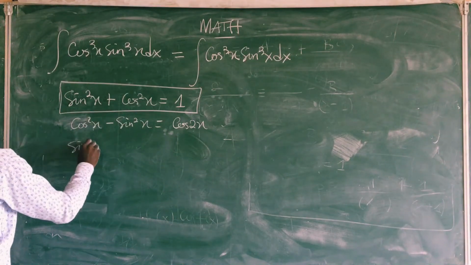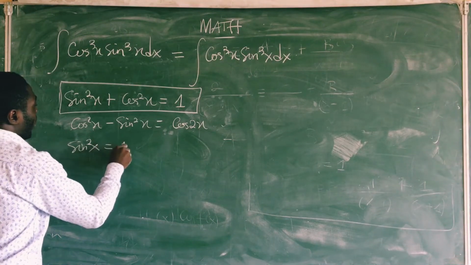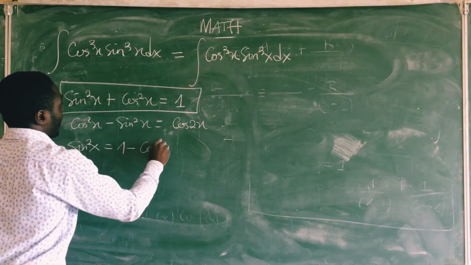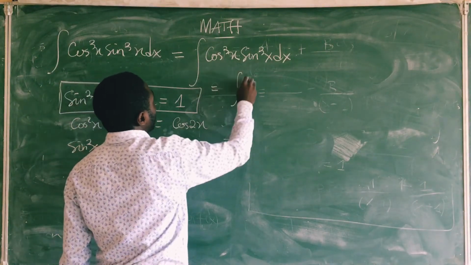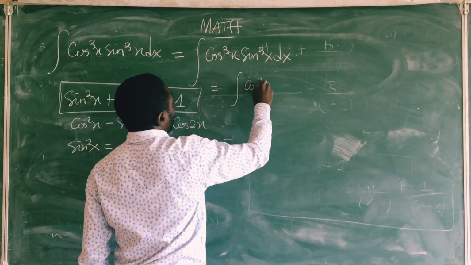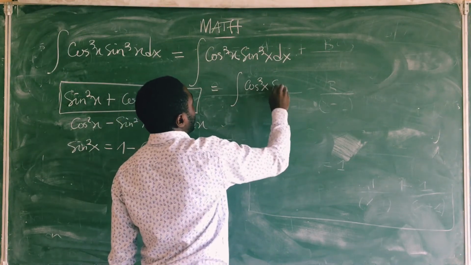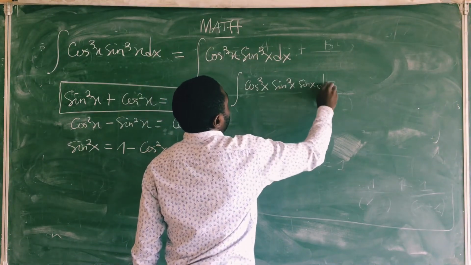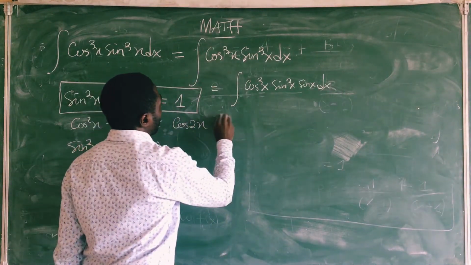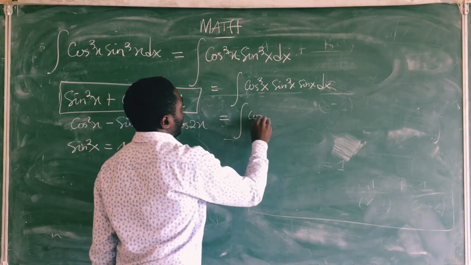So if I make sine squared x the subject of the formula, I'm going to have 1 minus cos squared x. Now I can write this one as the integral of cos cube x sine squared x times sine x dx, which will be equal to cos cube x.